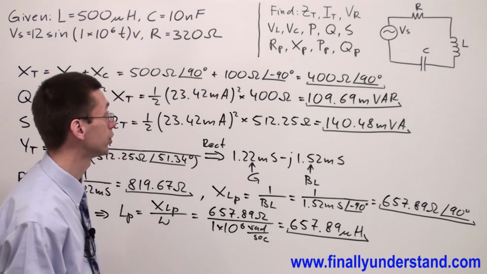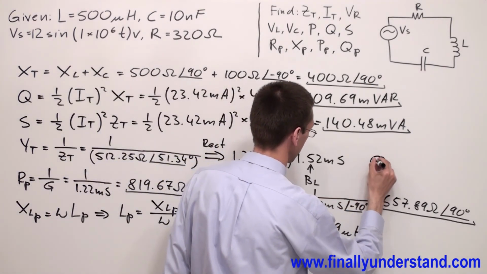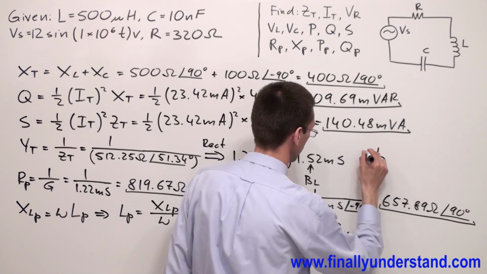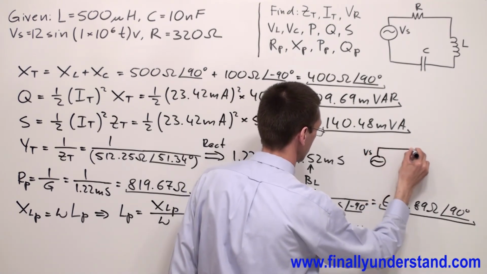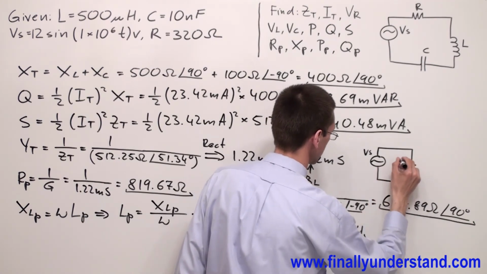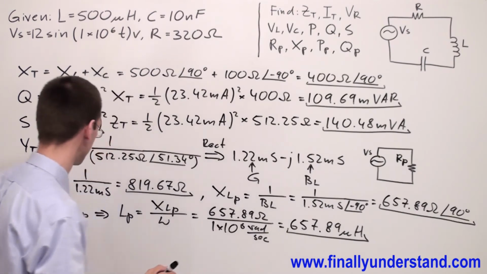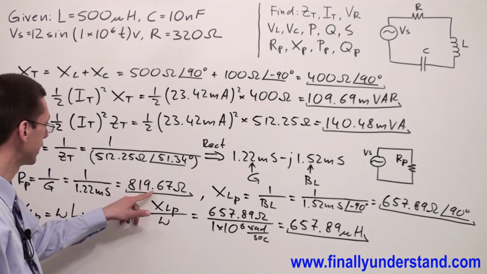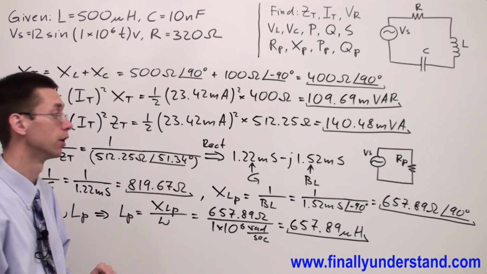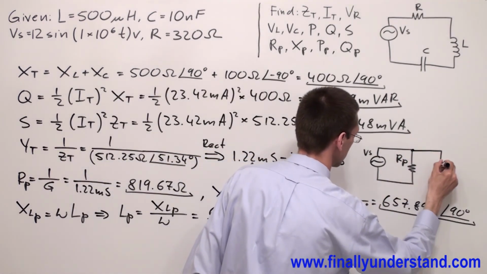Now we can draw the circuit. So I'm going to use this space over here. I have a voltage source, and I got the resistance over here, and this is my resistor RP, which has a value of 819.67 ohms, and also I have an inductor.